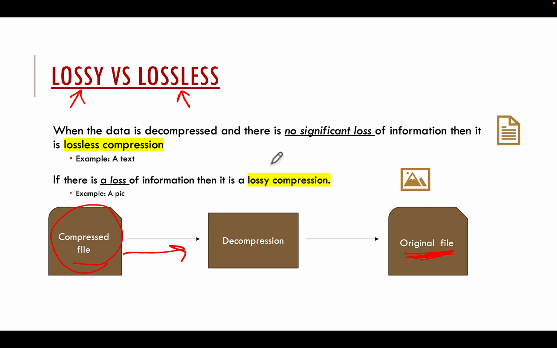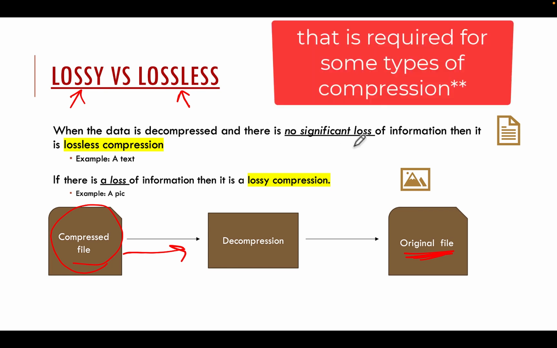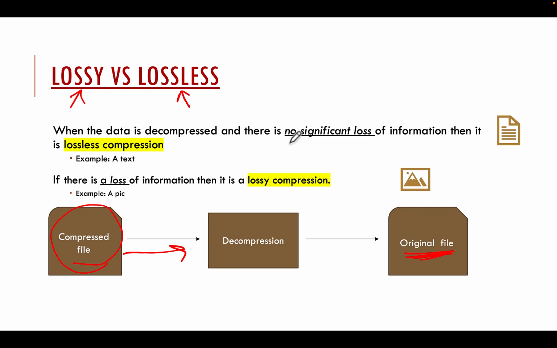Now you might ask, how can a piece of information or a piece of data lose its information? Is that even possible? Well, yes, that is required for the compression. If you have a lossless compression, such as a text, you can't really lose any information in that. You can't just write an entire paragraph and find that you have a word missing or something.